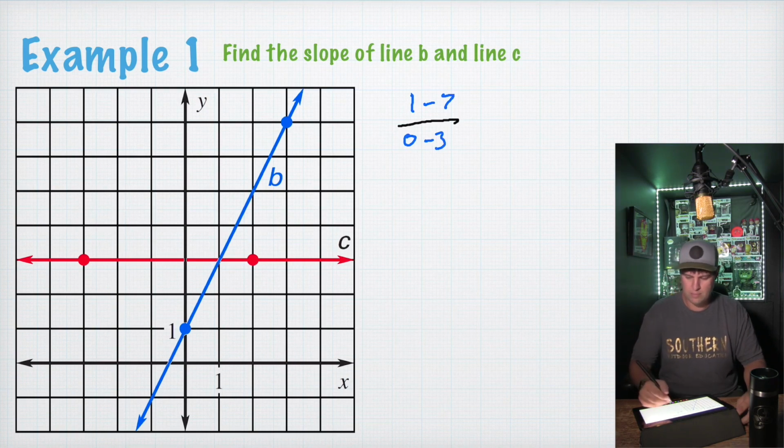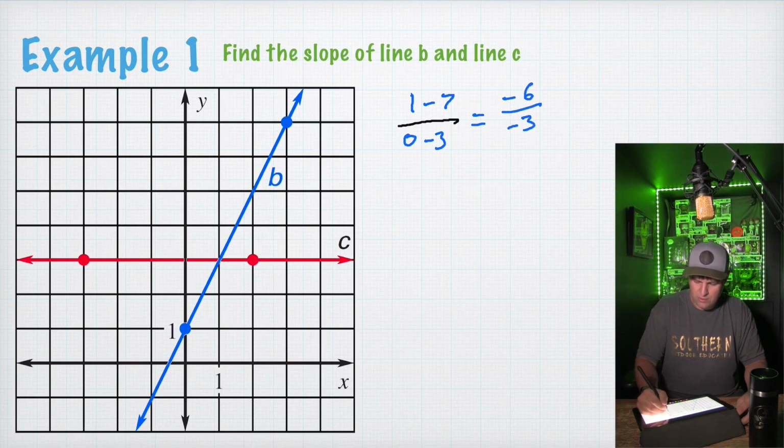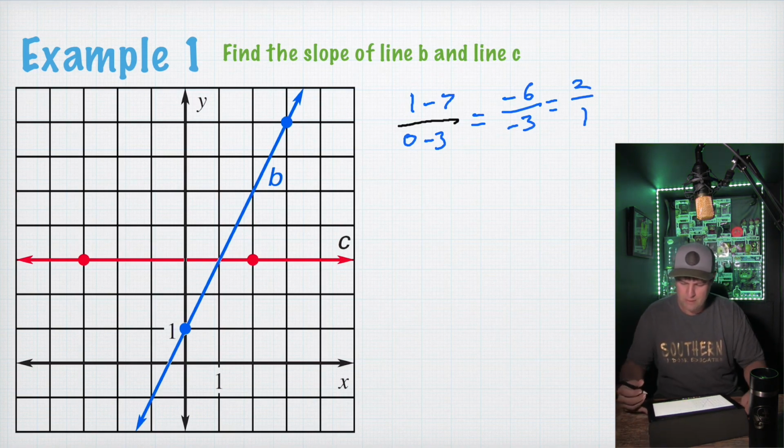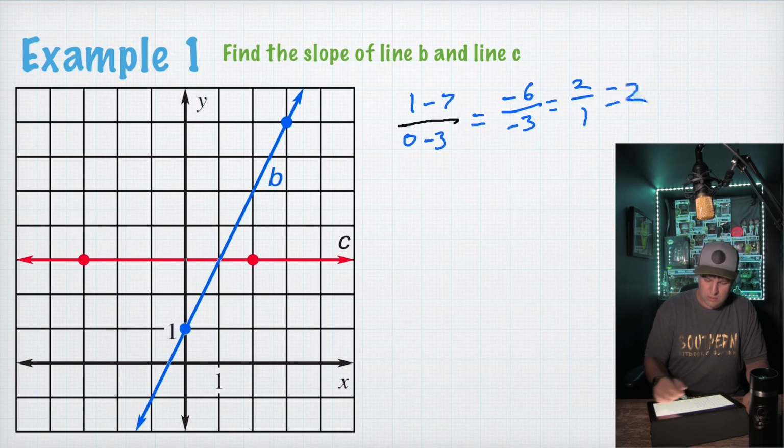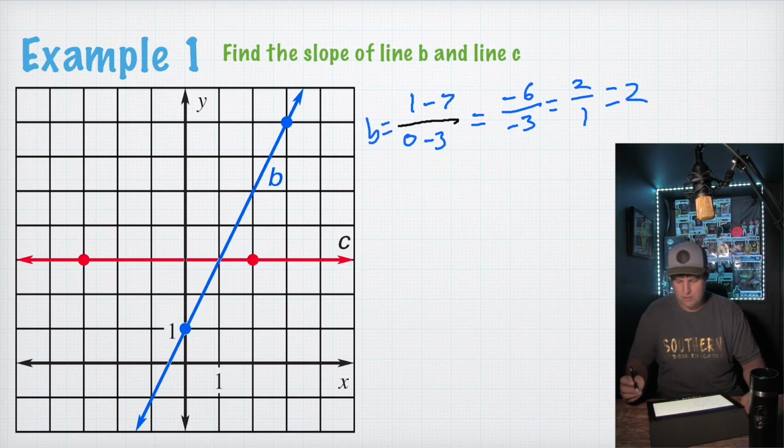So this is going to equal negative 6 over negative 3, which equals 2 over 1 if we divide them both by 3, which equals 2. So our slope of B is 2.